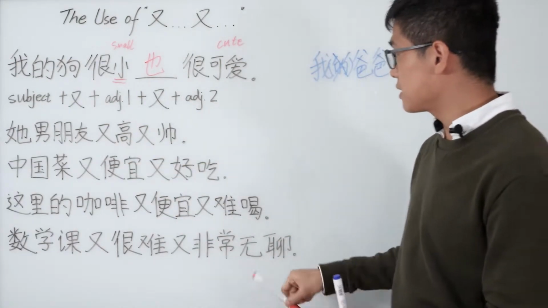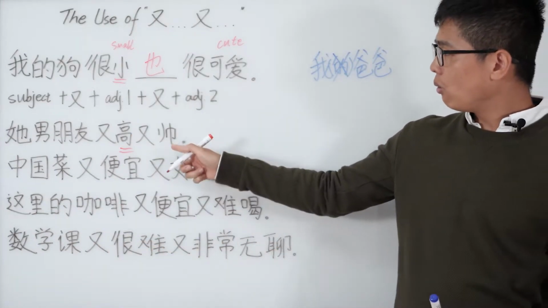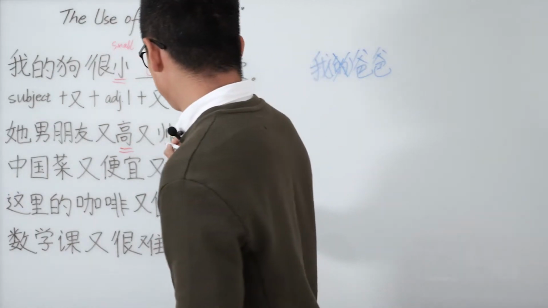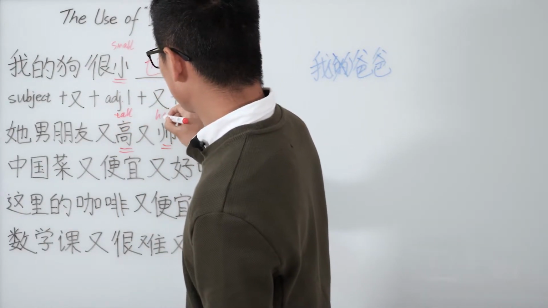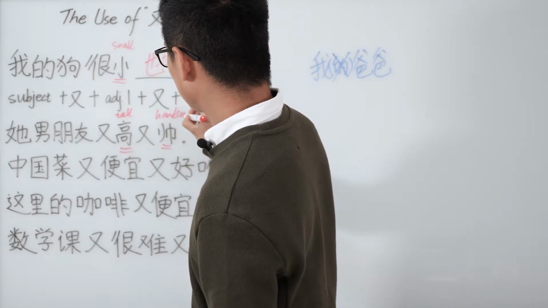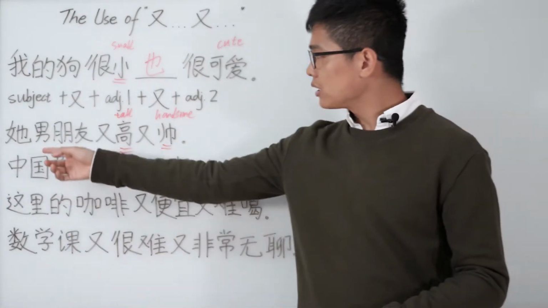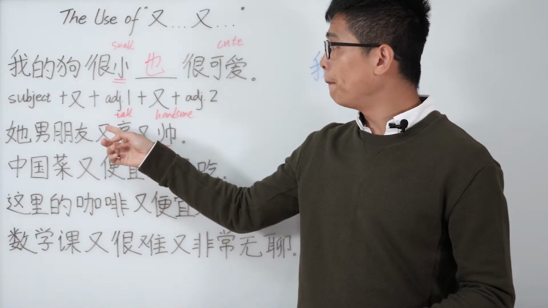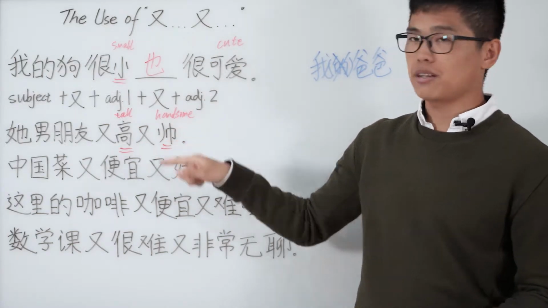Tall. This is the first adjective, and the second adjective, 又帅 handsome. So we have tall, handsome. So what does this sentence mean? Her boyfriend is both tall and handsome.